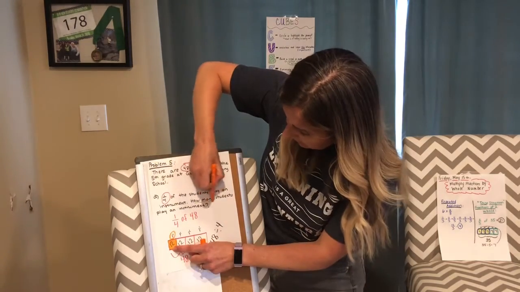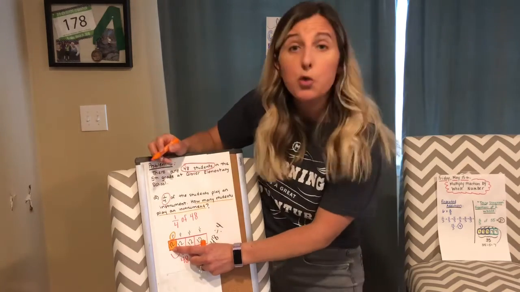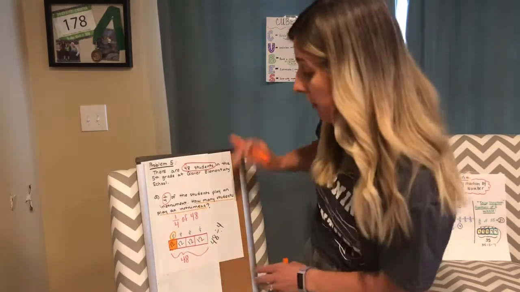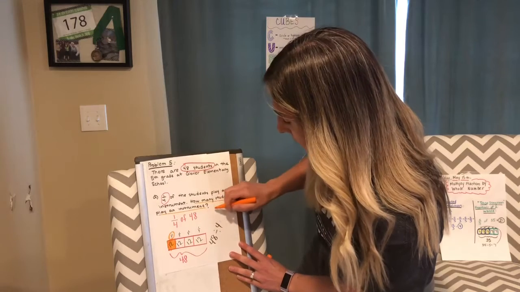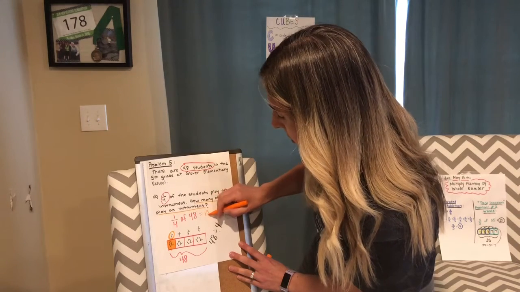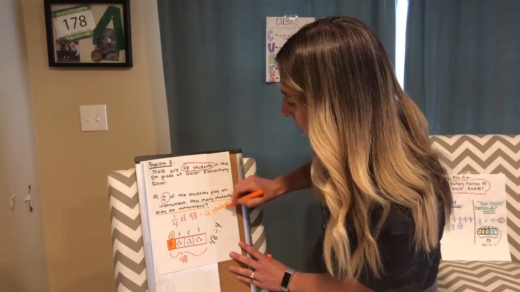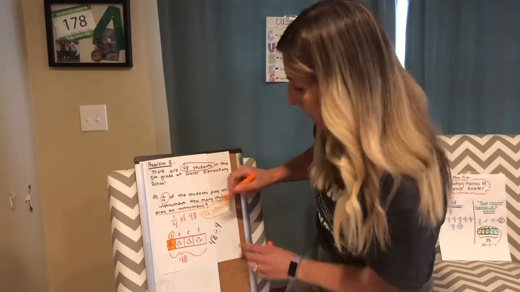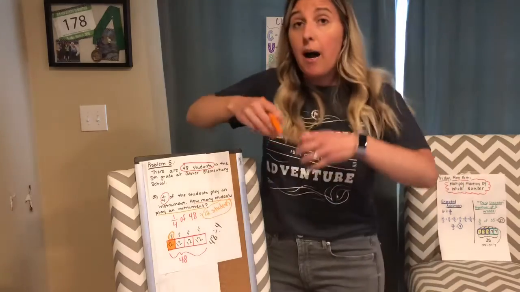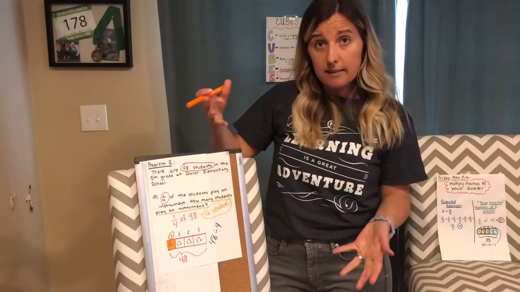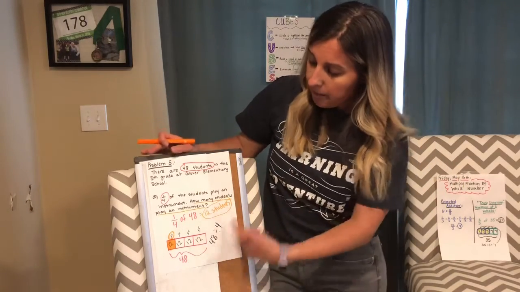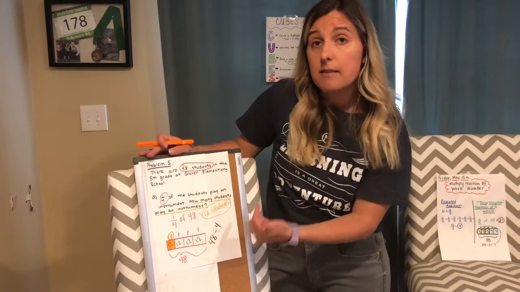How many students play an instrument? 12 students play an instrument. So that would be my final answer. 12 students play an instrument. I found a part of 48, and I did that by using my tape diagram.